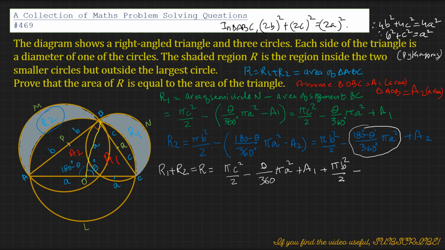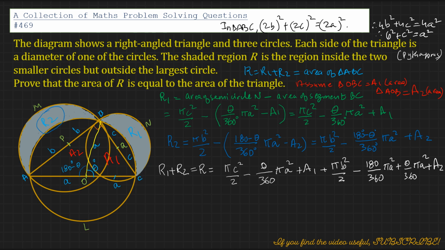Okay, so we break it down to minus 180 out of 360 pi a square and plus theta out of 360 pi a square plus A2. It's a bit big, but I think we can make some progress with it.